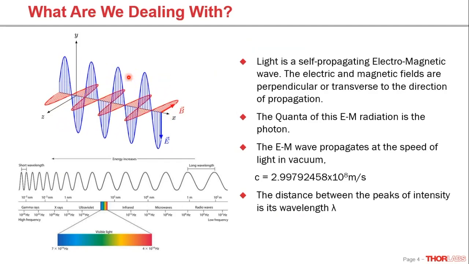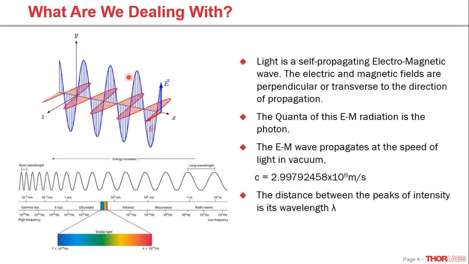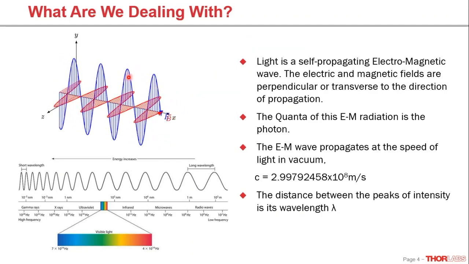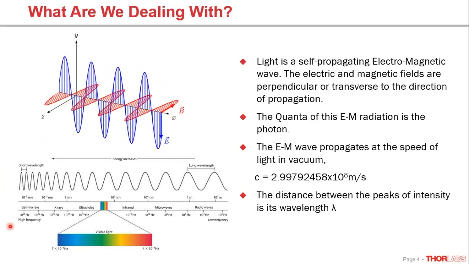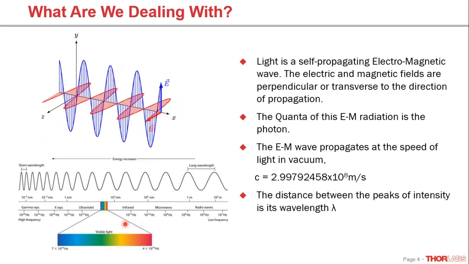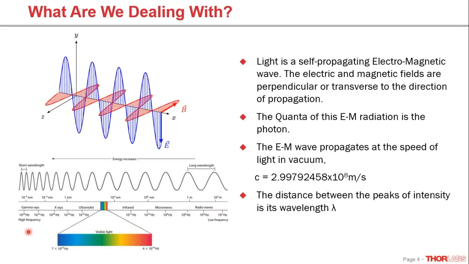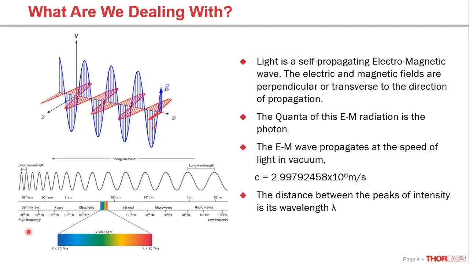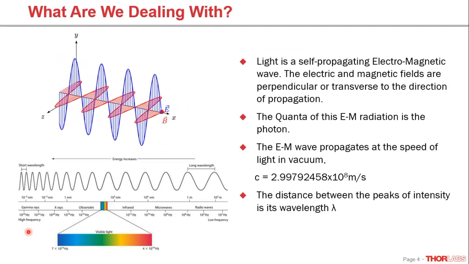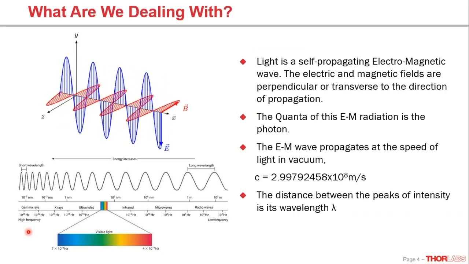Beyond this, it dictates what spectrum it falls into, for example, ultraviolet or infrared. We can see that by this illustration down here, some of the different ranges throughout the electromagnetic spectrum. In optics, we tend to represent the wavelength in values of nanometers or microns.